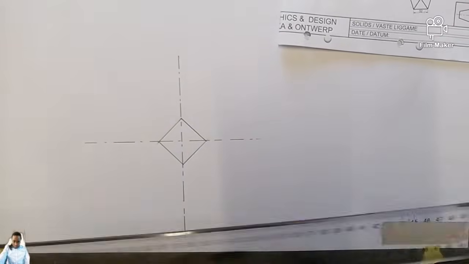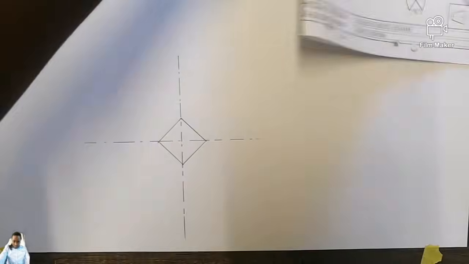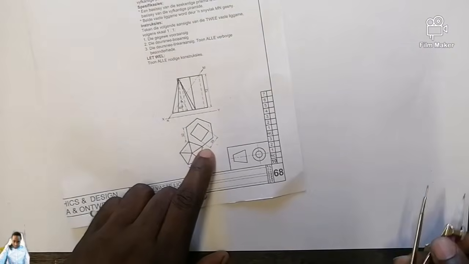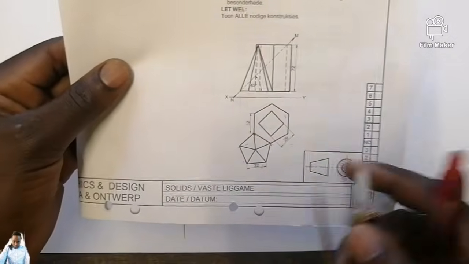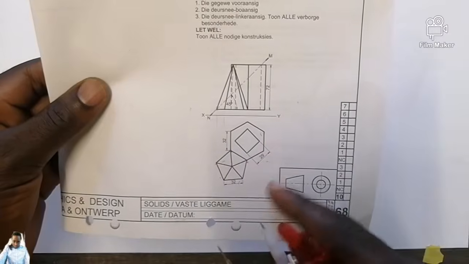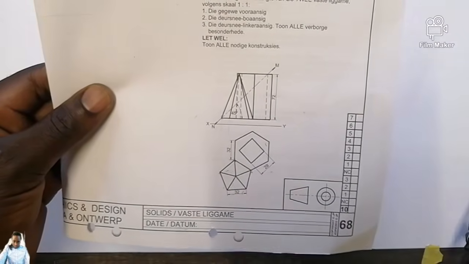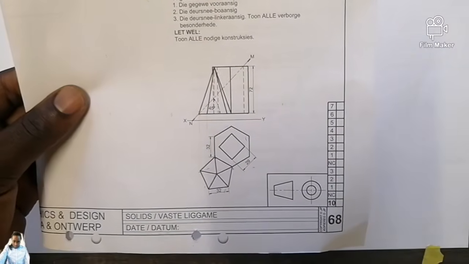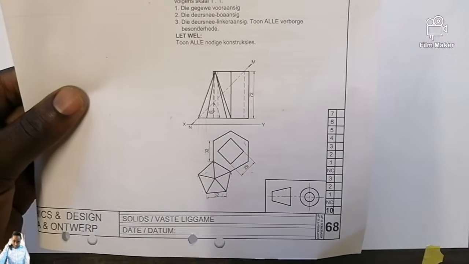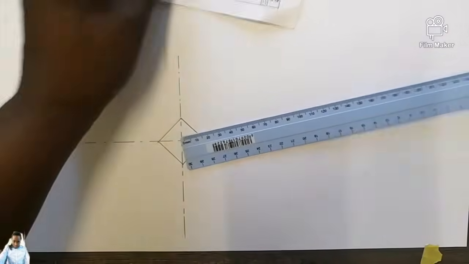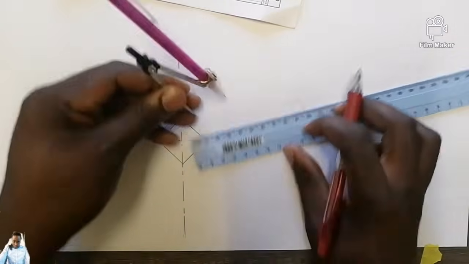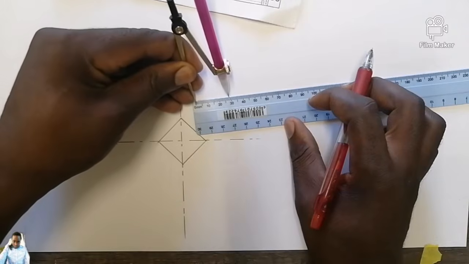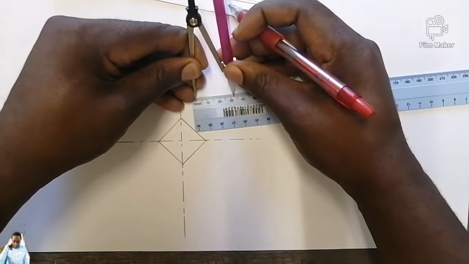Then from there, what can I do? I can now draw the across-the-flat hexagon. With the properties of the hexagon, all the sides must be equal, and it's across the flat, and the size is 32. So I will take my compass and open it to 32.